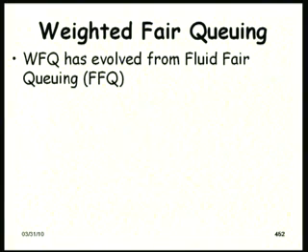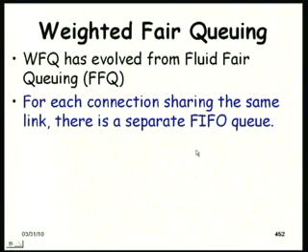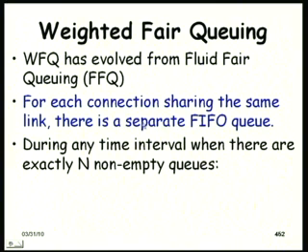Okay. Now, let us look at weighted fair queuing. Multi-level FCFS queue was a very simple algorithm. Weighted fair queuing has evolved from a popular algorithm called fluid fair queuing. For all the connections sharing the link, there is a separate FIFO queue.